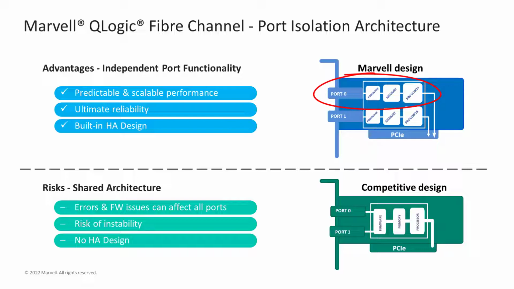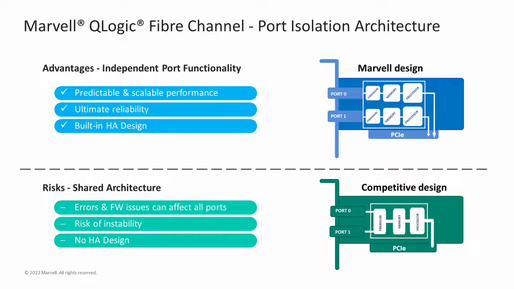This approach ensures that issues that occur on one port do not impact the resources being applied to the other port because they're isolated. While this is a more complex design, this approach does provide full isolation between the ports and thus very predictable per port performance.